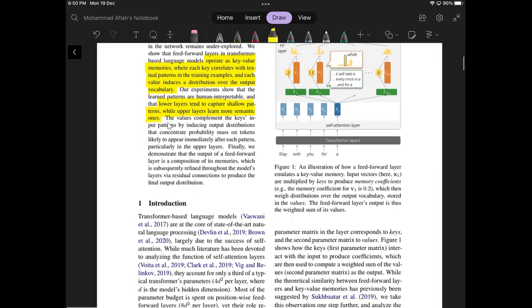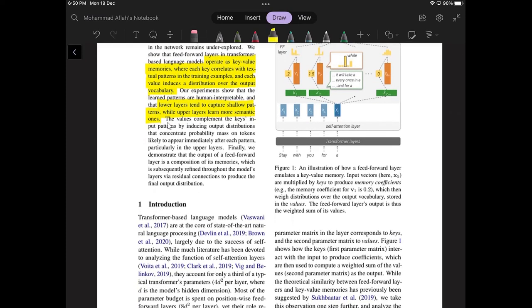So the values complement the key's input pattern by inducing output distributions that concentrate probability mass on tokens likely to appear immediately after each pattern, particularly in the upper layers. Of course this makes more sense in the upper layers because there you're finally decoding, right? Finally, we demonstrate that the output of a feed-forward layer is a composition of its memories, which is subsequently refined throughout the model's layers via residual connection to produce the final output distribution.